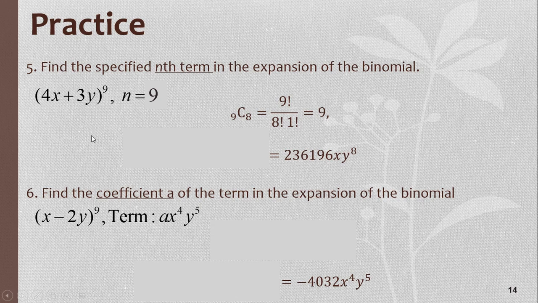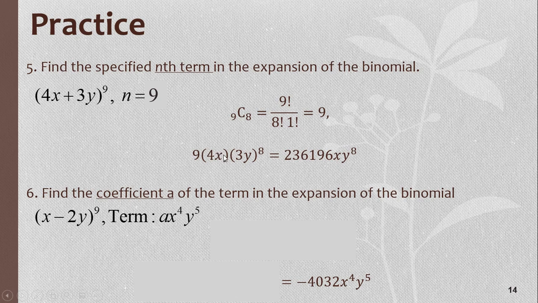But now what do we have? Element 8 in that row is going to be your x term is just going to be x to the first power. Your 8th element is going to be 3y to the 8th power. And multiplying it all together, we come up with this large number.